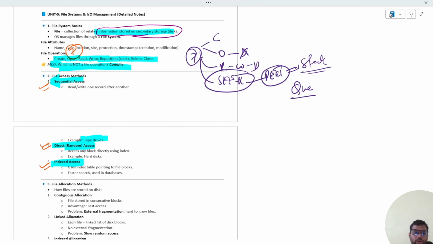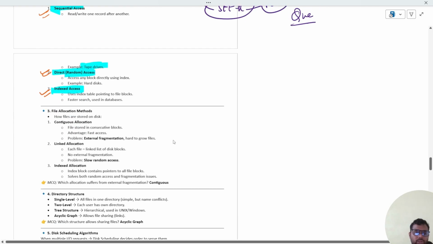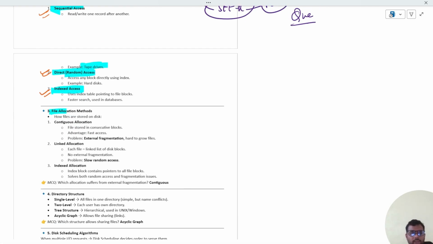Now let us see the important techniques used in the file allocation method. We have already seen that contiguous allocation could be there. Contiguous allocation suffers from external fragmentation. Above we have seen that it could be of 2 parts, fixed and variable.